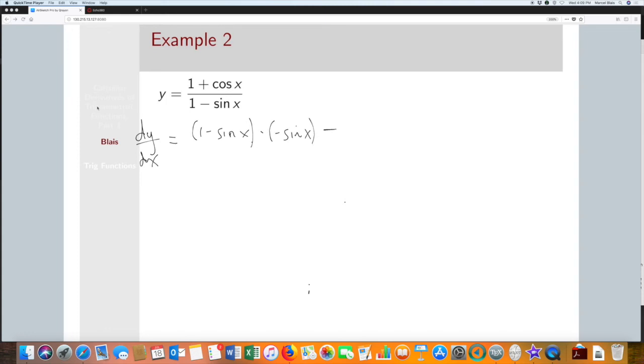Minus the numerator times the derivative of the denominator. Derivative of 1 is 0. Derivative of sine x is cosine x, but we have this minus 1 out front. So we have a minus cosine x all over the denominator squared.